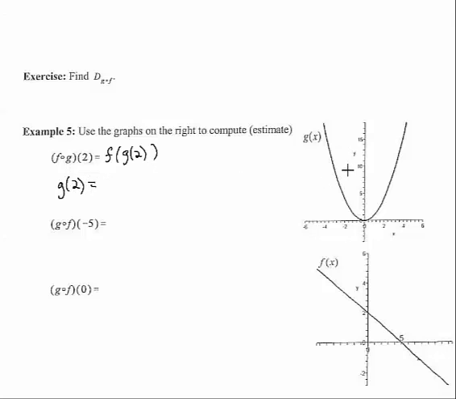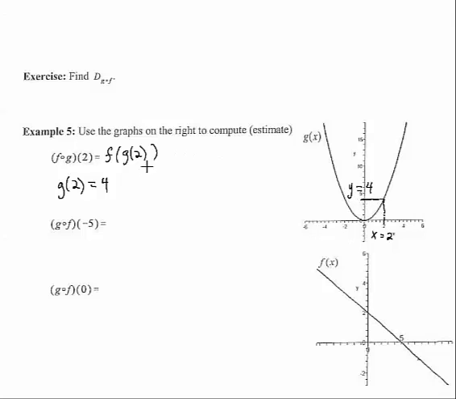We look to our g of x graph and we locate x equal 2. Okay, and we sort of theorized earlier that g of x is x squared, and so one would expect to get 4 as an output. Okay, we went to x equal 2 and we traced our way back to y equals 4, right there.